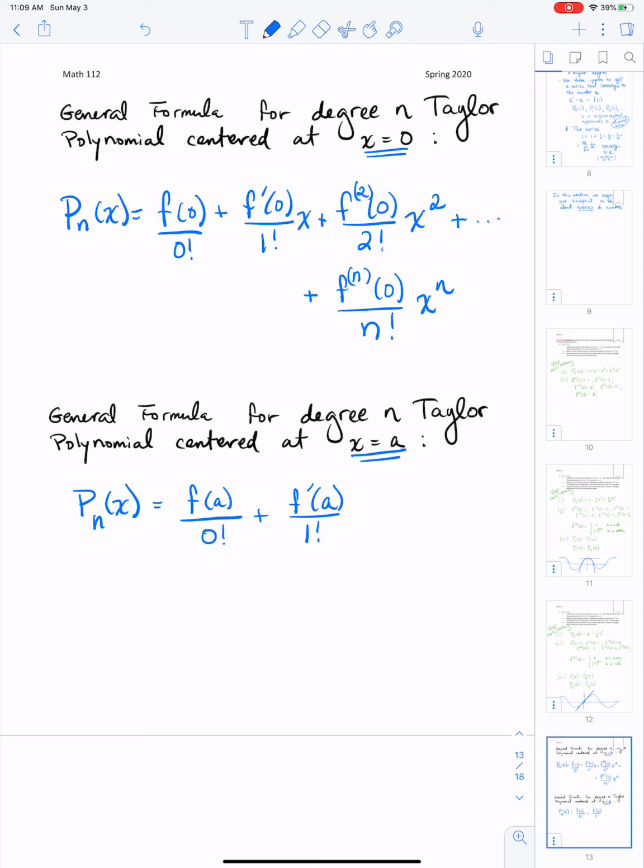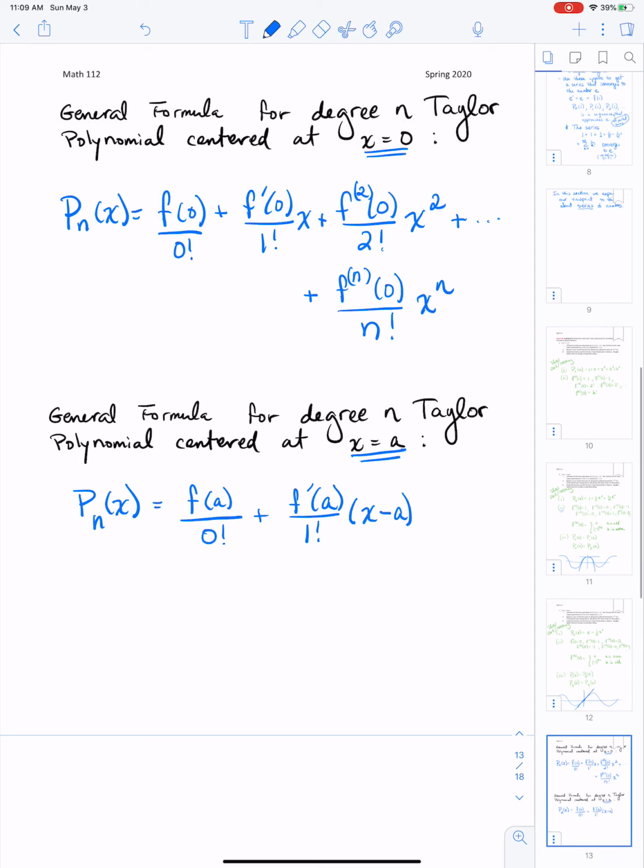So the coefficients are going to look very similar, where we just plug in a instead of 0. But instead of writing the terms with powers of x, we're going to be using powers of x minus a. And so here's the second derivative at a over 2 factorial as our coefficient, and then we have x minus a squared.